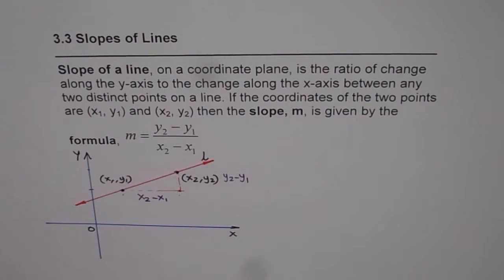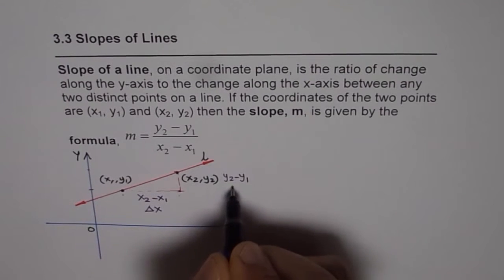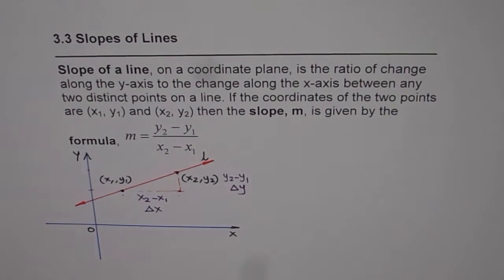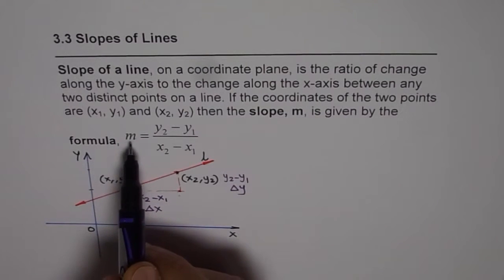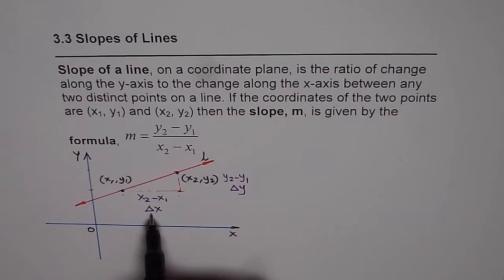That is the change in x values. At times, we can also write delta x for change in x value and delta y for change in y value, right? And what is slope? Slope is a ratio of change in y values to change in x values. That is what the definition is.